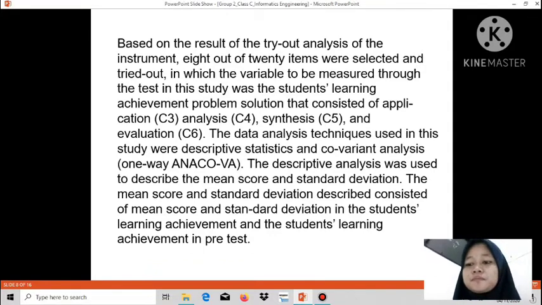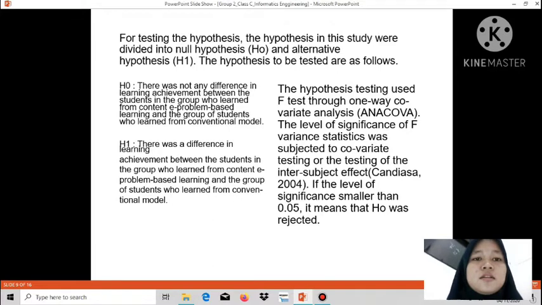The descriptive analysis was used to describe the mean score and standard deviation in the student learning achievement and the student learning achievement process. For testing the hypothesis, the study was divided into the null hypothesis H0 and the alternative hypothesis H1.